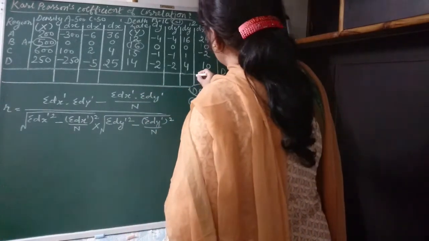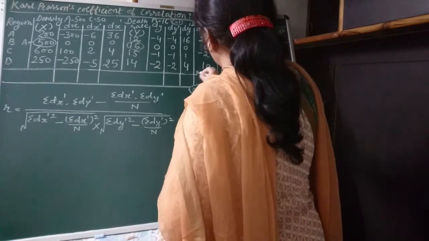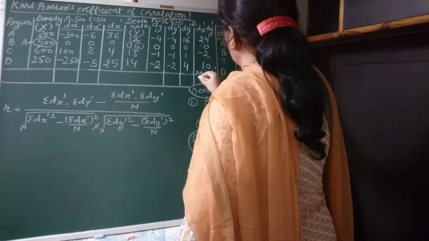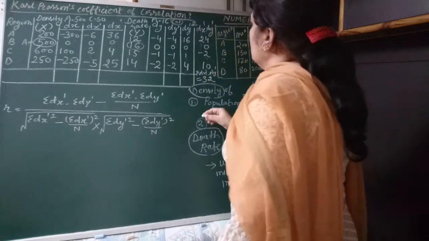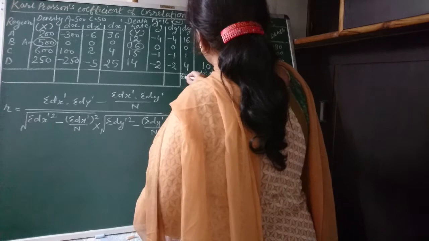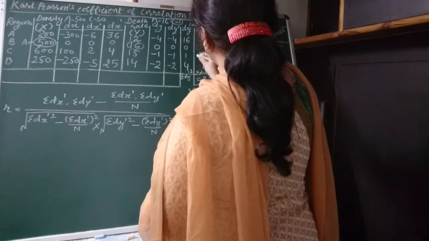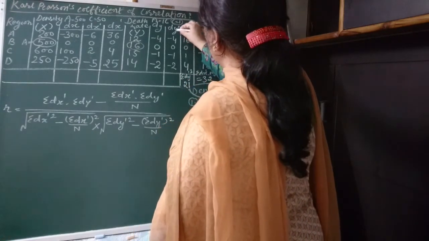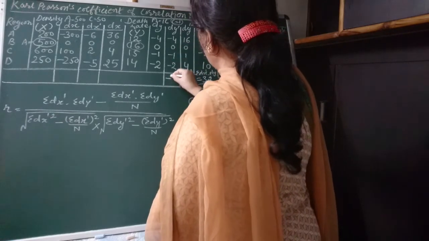So summation of dx dash multiplied by dy dash is equal to 32, summation dy dash square is equal to 21, and summation dy dash is equal to minus 7.